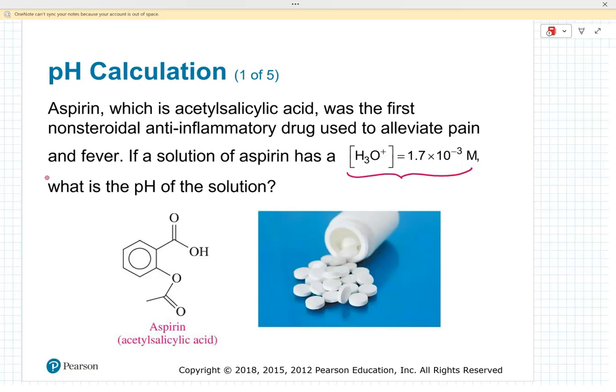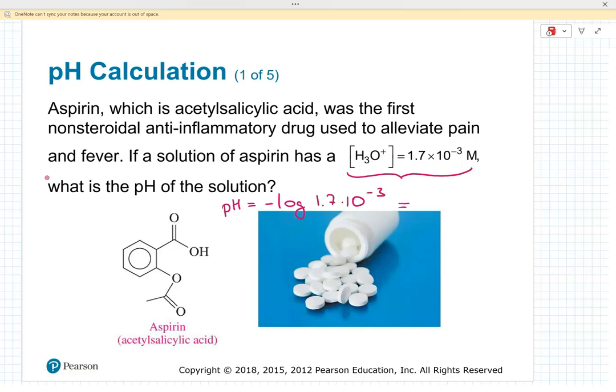Okay. So here, how do you calculate it? You write down that pH equals negative log of 1.7 multiplied by 10 to the power of negative 3. Okay? Making sense? Do I know the answer offhand? No. All I can tell you is it's going to be between 2 and 3, but that's about it.